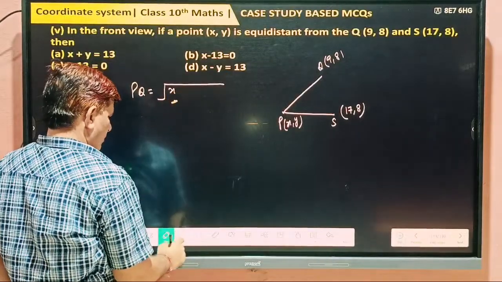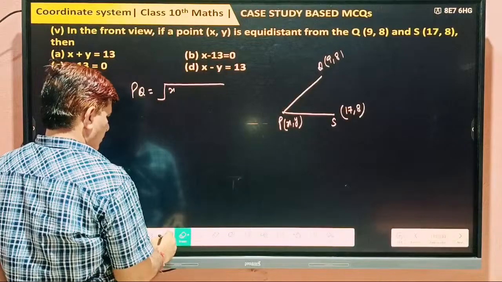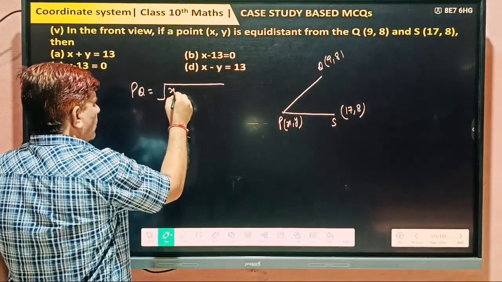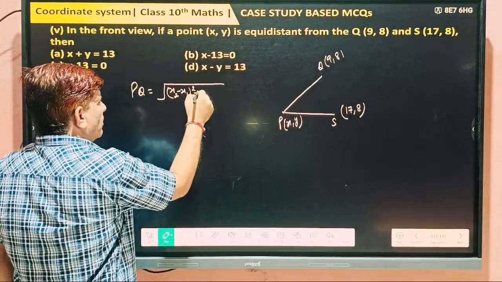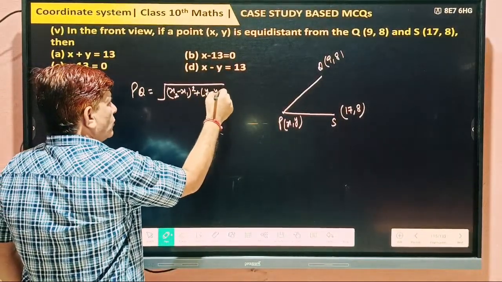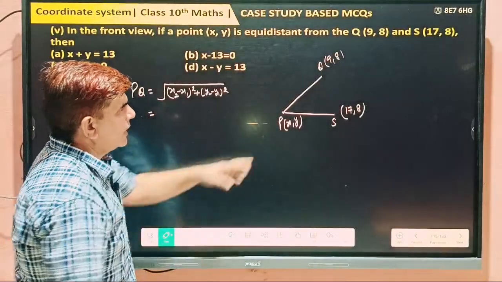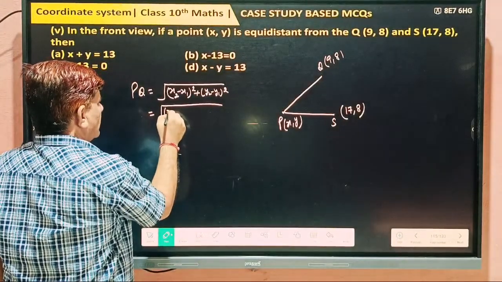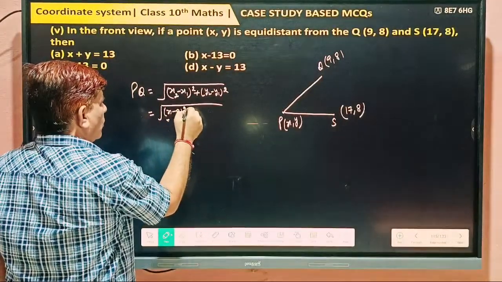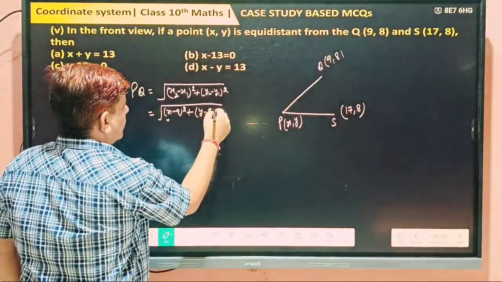PQ is equal to the square root of (x2 minus x1) whole square plus (y2 minus y1) whole square. So this is the square root of (x minus 9) whole square plus (y minus 8) whole square.